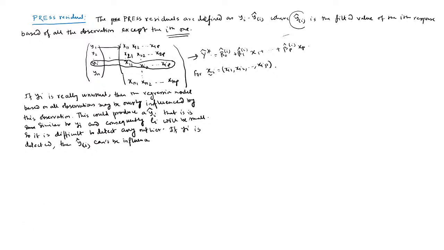So you get y hat star i, and I denote this by yi hat within first bracket.